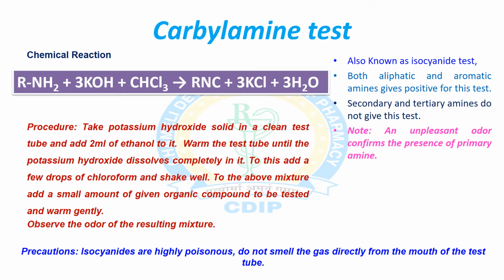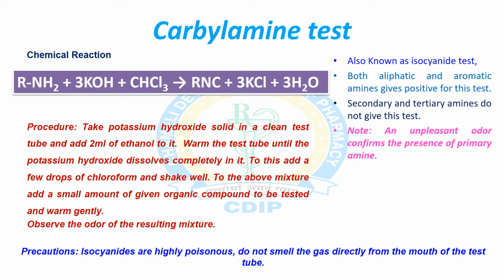For the procedure, we take potassium hydroxide in a clean test tube and add 2 ml of ethanol to it, and then warm the test tube until the potassium hydroxide dissolves completely. To this, add a few drops of chloroform and shake well. Then a small amount of the given organic sample which needs to be tested is added to that mixture, and it is warmed gently.